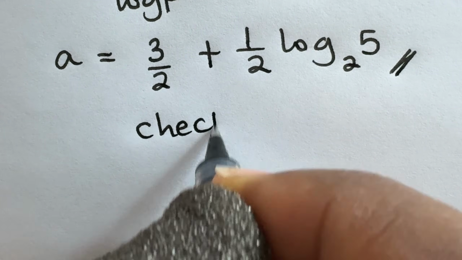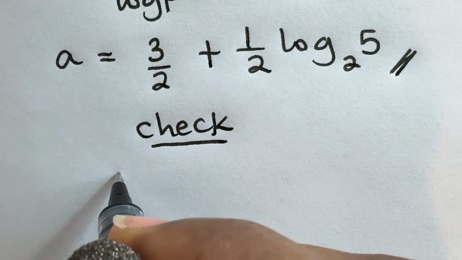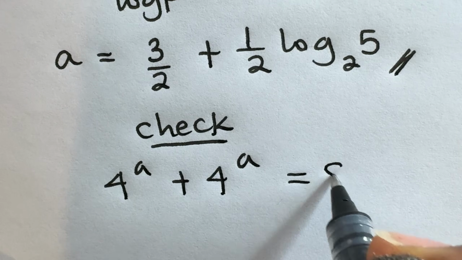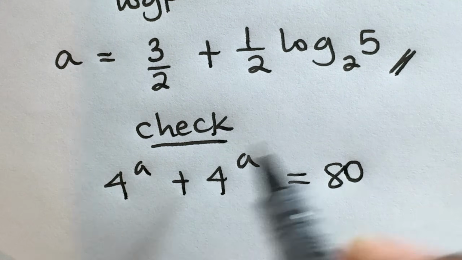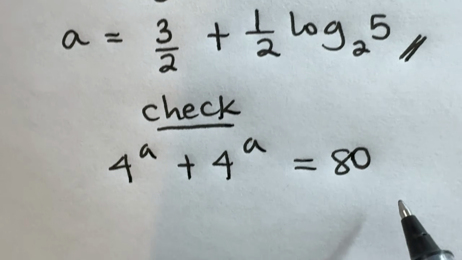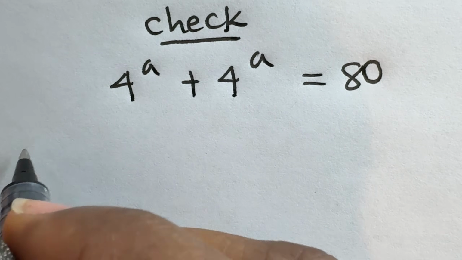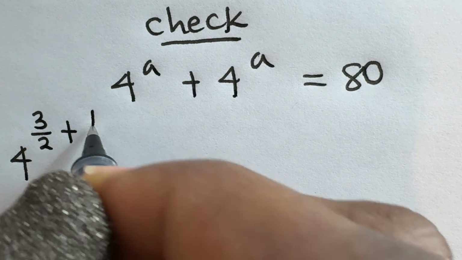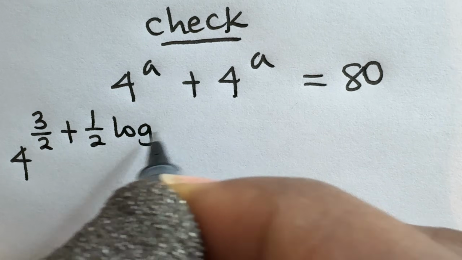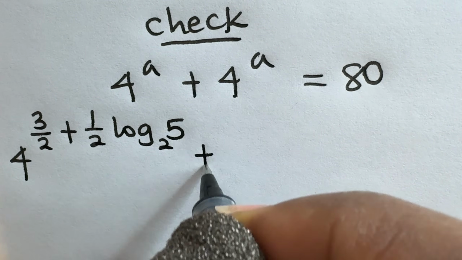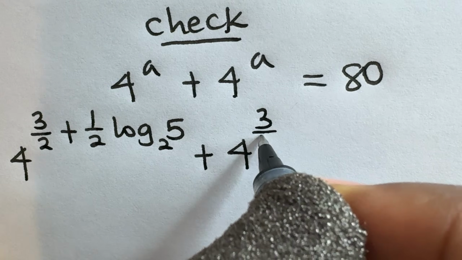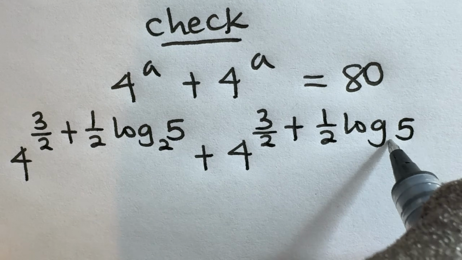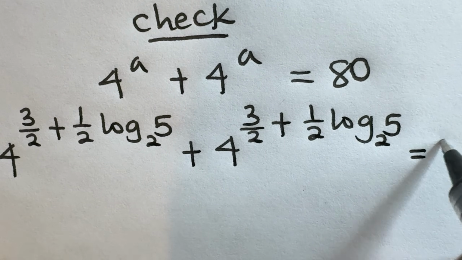And to check, we go into the given equation 4 raised to power a plus 4 raised to power a equal 80, and substitute this new value of a in places of a here. So we get 4 raised to power 3 over 2 plus 1 over 2 log 5 base 2 plus 4 raised to power 3 over 2 plus 1 over 2 log 5 base 2 to give us 80.